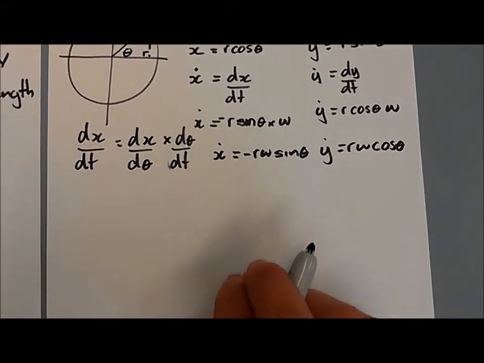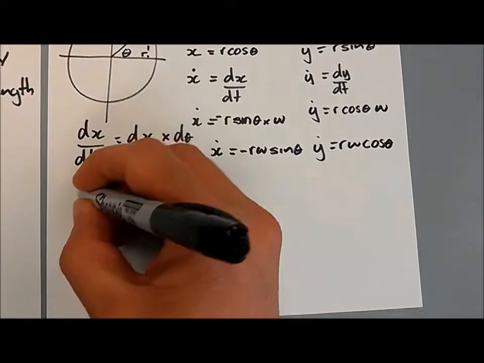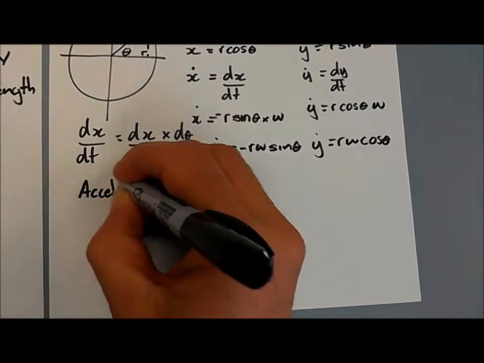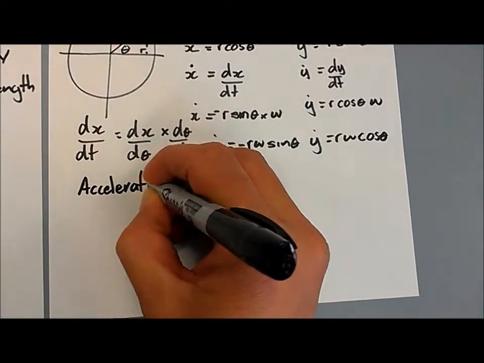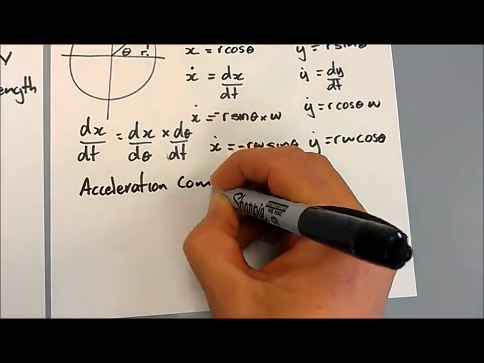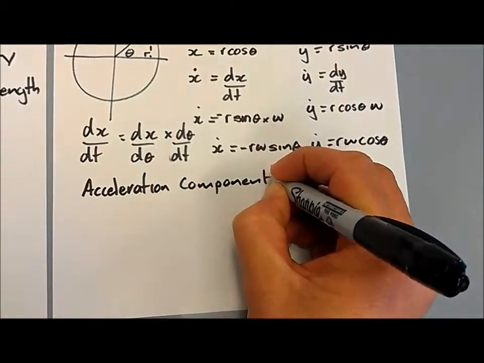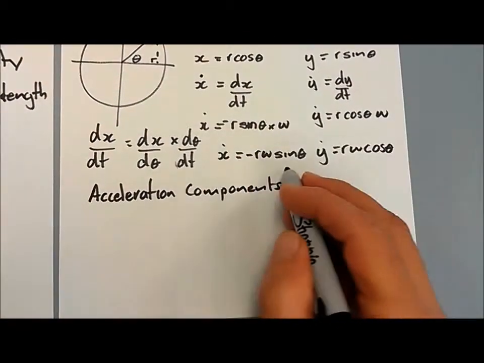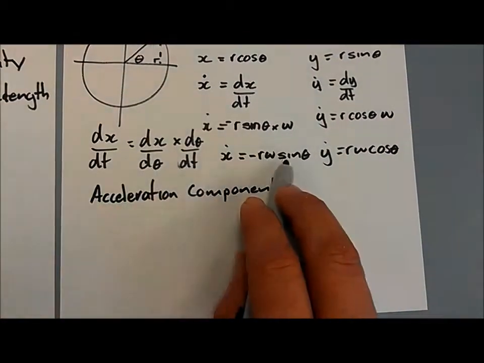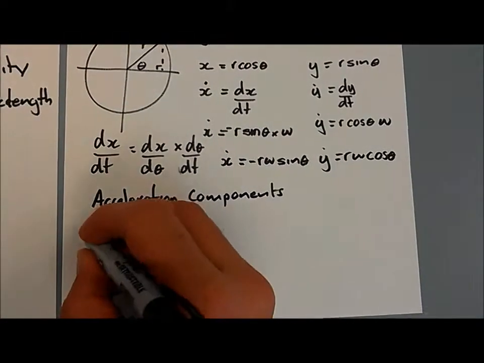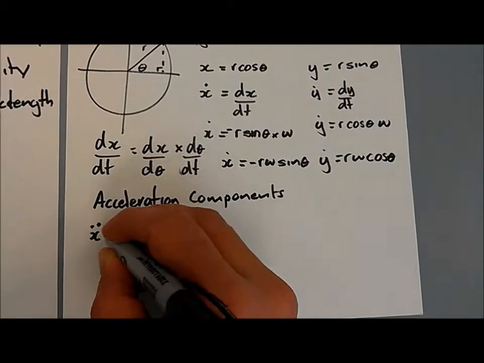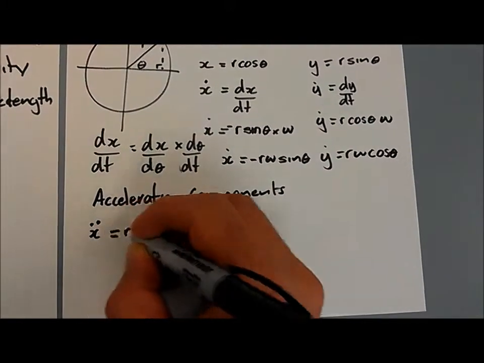Okay, so now to get my acceleration components, I need to go to the second derivative. If I want to differentiate this, again using this rule, I differentiate sine, I get cos, so I get my second one, negative r omega.